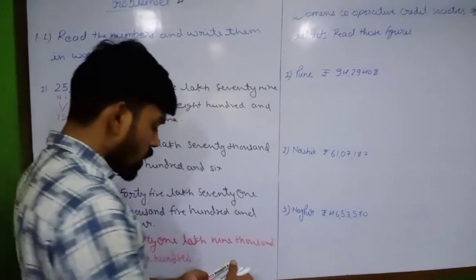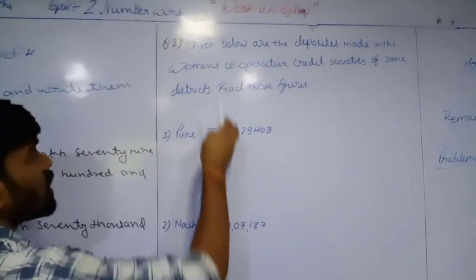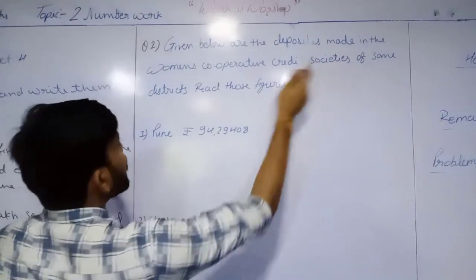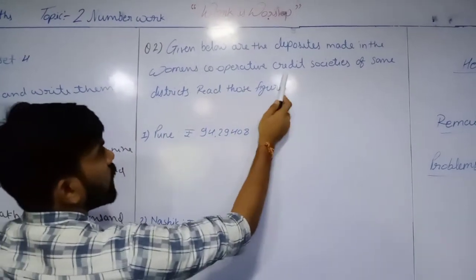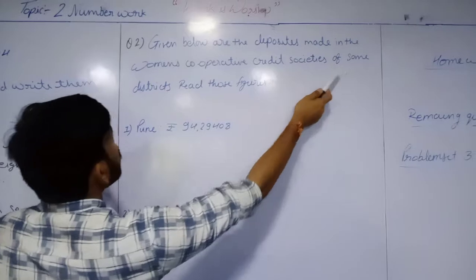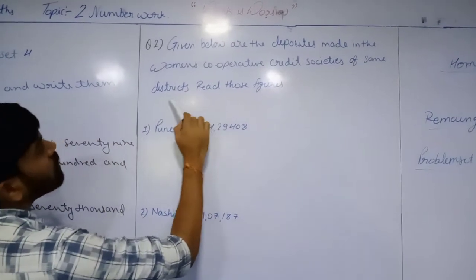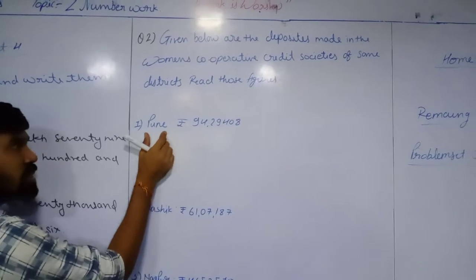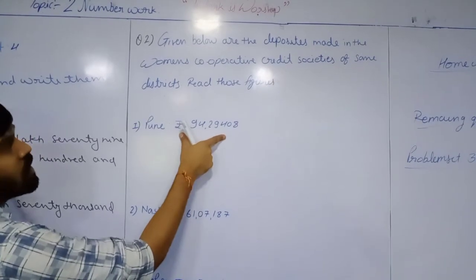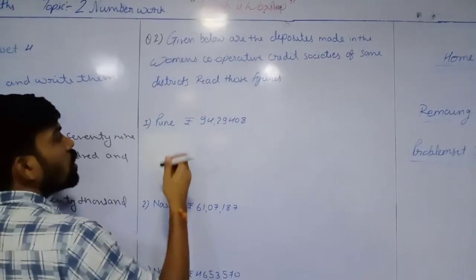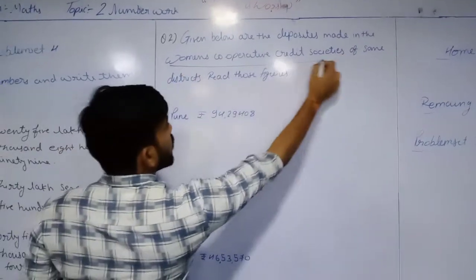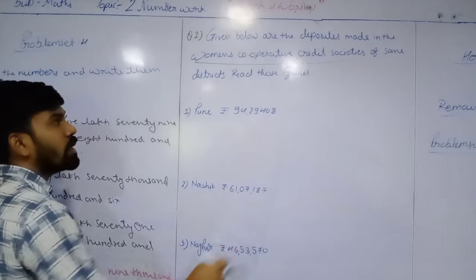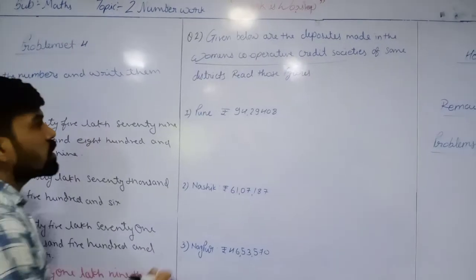The second question is here. Given below are the deposits made in the Women's Cooperative Credit Society of some districts. Read those figures. We have the names of districts and some rupee amounts deposited in the Women's Cooperative Credit Society. Reading means we have to write them in words.